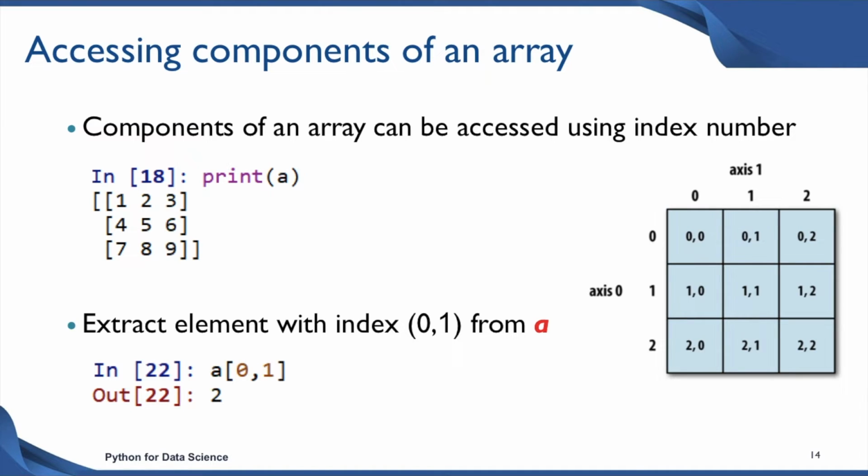Okay, so now we'll move to the next part, that is how we can access the components of an array. This part is very important, and it requires understanding. The individual elements of an array can be accessed using the index number. So this is index 0 along the columns, and this is index 1 along axis equal to 1, that is the rows.